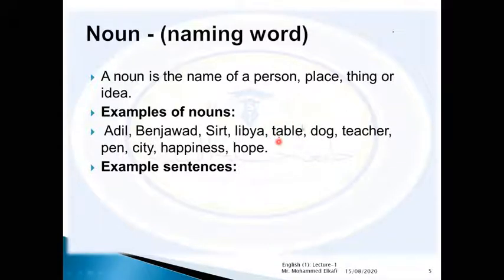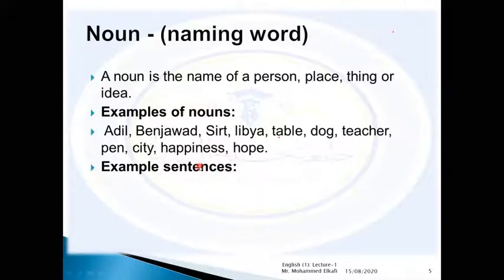Table. Okay. And pen, car. Okay. And so on. Also a name of animal. Okay. Dog, cat. Okay. And so on. So here we think of even ideas. Okay. Have some names. Okay. We can think of a noun, can name even an idea. Okay. Adding what? Happiness. Okay. Hope. Something like that.